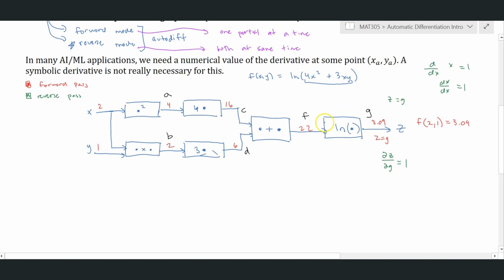Then here I have g as a function of f. g is the output we get when we take the natural log of whatever f is. So we're going to have dg/df. Since g is equal to the natural log of f, the derivative is 1 over f.